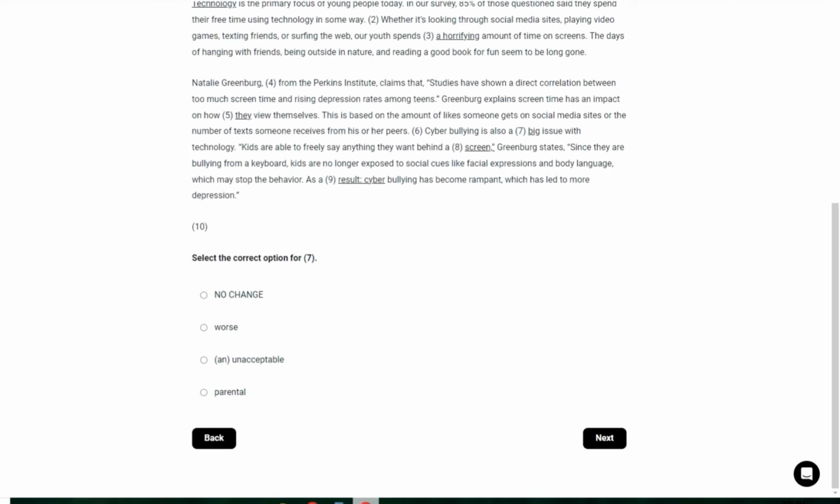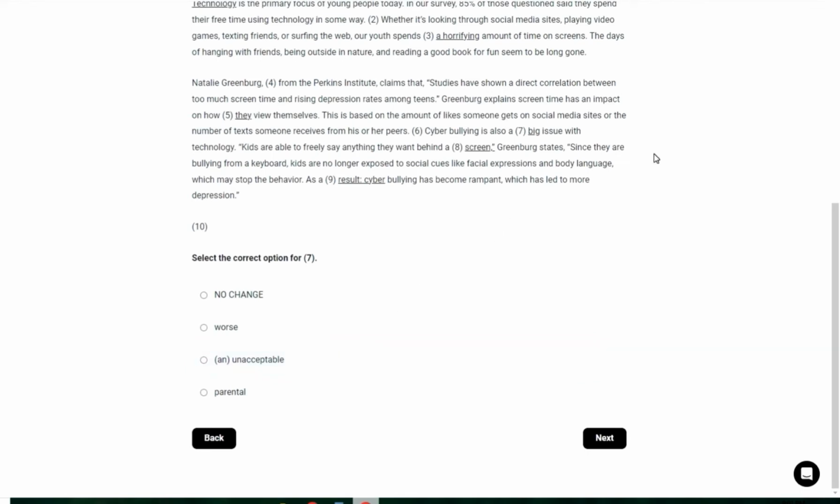Cyberbullying is also a big issue with technology. Okay, so we're looking at this word big, that's exactly what we're looking for here. And so it's saying, okay, cyberbullying, which is also kind of prevalent to this depression, looking at the last quote that we inserted, is also a big issue with technology. We're going to say, okay, is there a word that needs to be switched? Does it make sense?